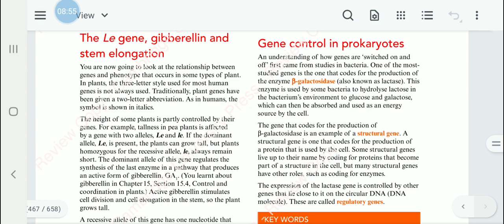Leave a line and write, this gene can code for the formation of an enzyme which produces active gibberellin.